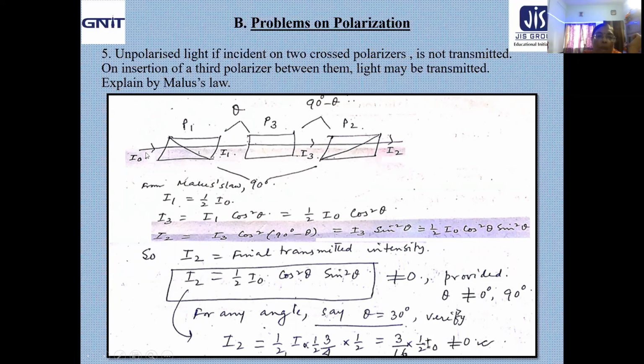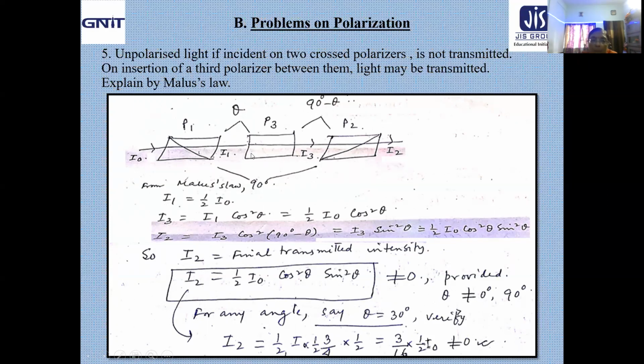Clear? Now we are starting with unpolarized light I0. After coming out of P1, what are we getting? I1, the first step of the polarization, that is the polarized light. I1 equals half I0, as we have seen a few minutes back.